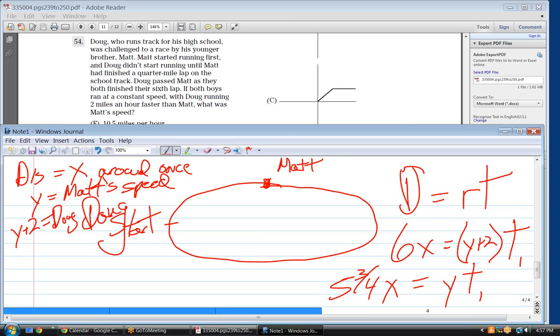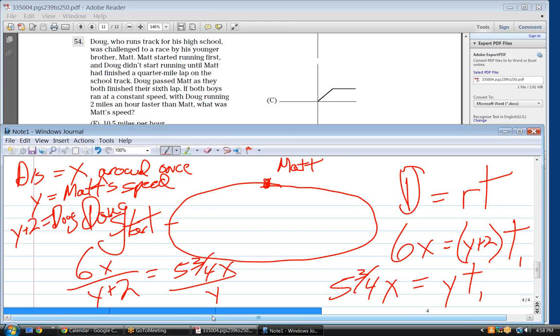If I solve both these equations for t sub 1 and set them equal to one another, I can do that because that t sub 1 is the same number, whatever it is. But if I do that, then I'm going to have 6x divided by y plus 2 has to equal 5 3/4 x divided by y.